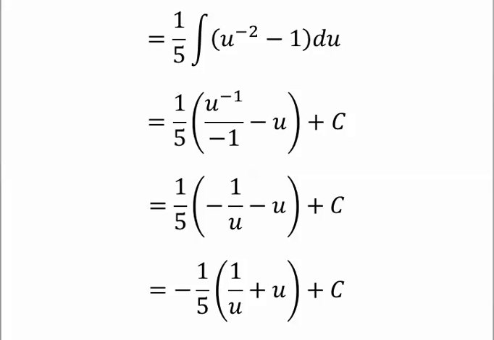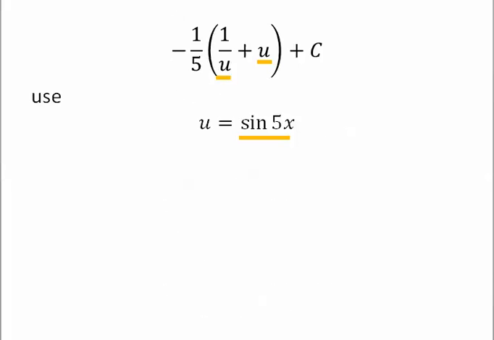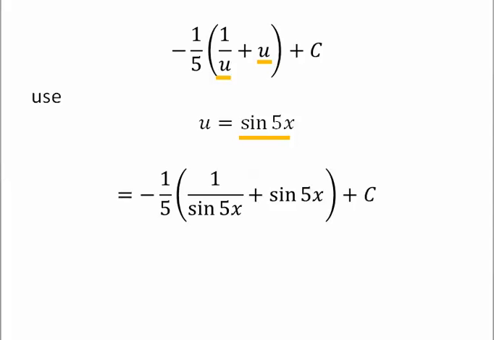And this is what I get. Now substitute back. And this is what I get, which you can rewrite this way. I don't particularly care, but some people like to rewrite it that way.